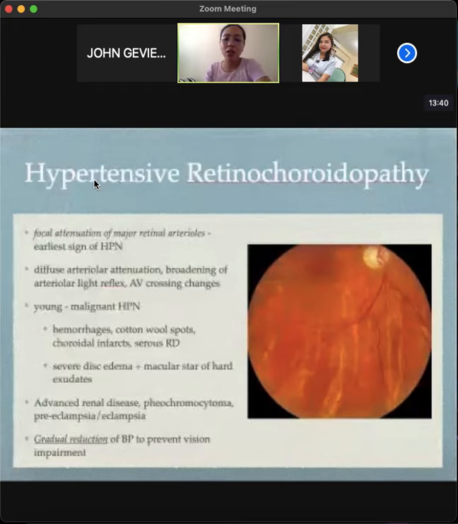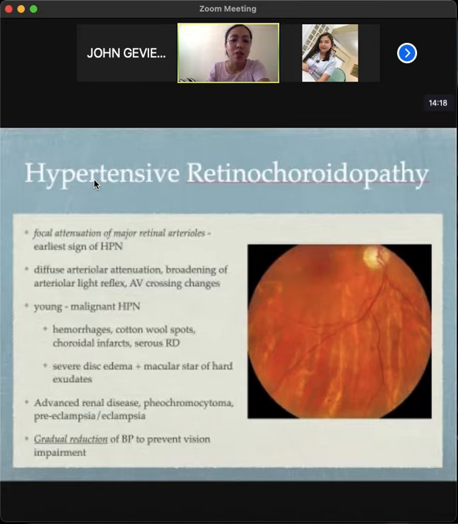In patients with severe hypertension, so those with advanced renal diseases, pheochromocytoma, and pregnant patients, particularly pre-eclampsia and eclampsia, hypertensive retinochoroidopathy may happen. So here, the vessels would appear markedly constricted with impaired vision, and it is very important to gradually reduce the blood pressure so as to prevent permanent visual loss. It should be gradual reduction.